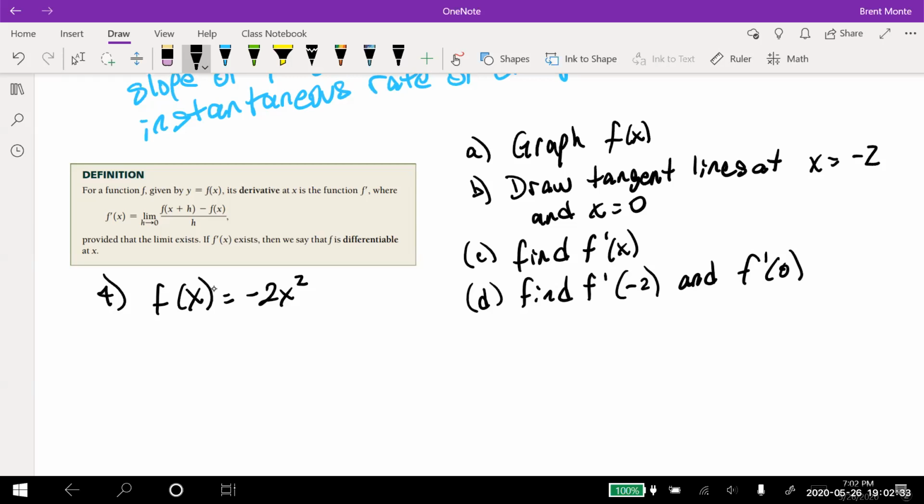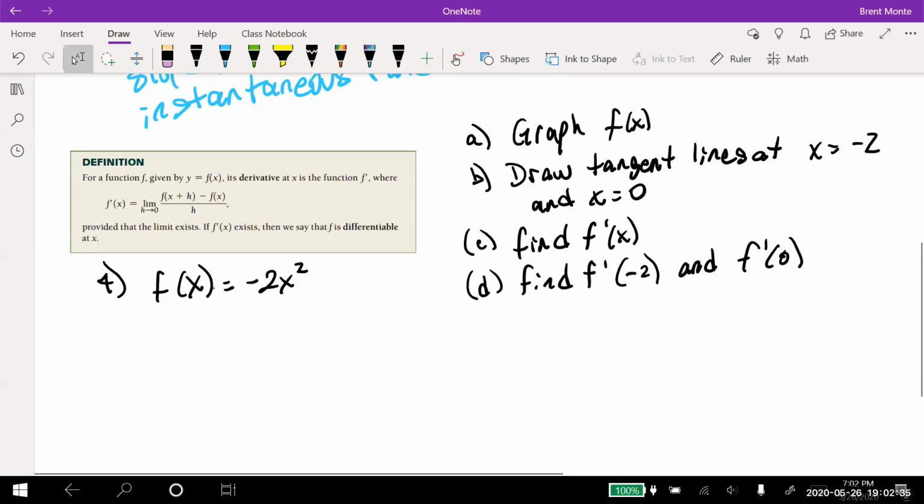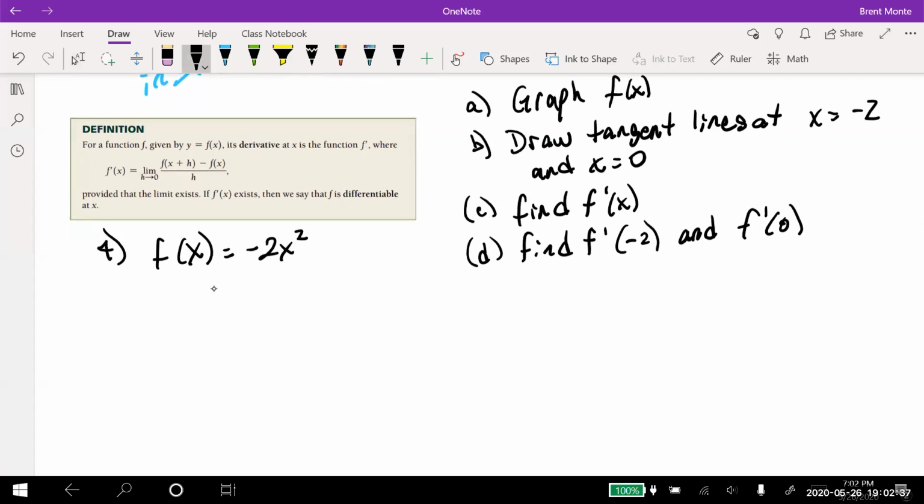All right, so let's go through. So the first thing, let's just draw the graph. We'll just draw it over here to the side. But this graph, negative 2, it's an x squared. The x squared means it's parabola. The negative makes it flip upside down, and the 2 makes it go a little steeper than normal. So the graph's going to look something like this. And we did a negative 3x squared, so it looked very similar to that.